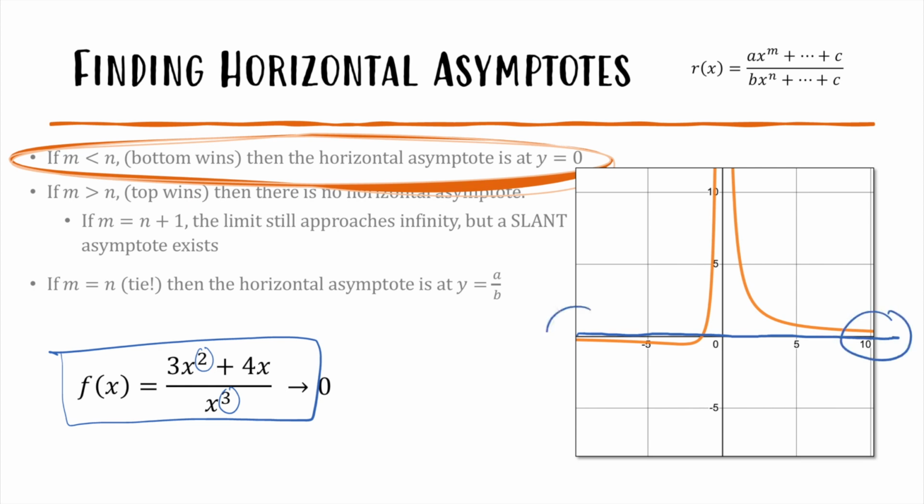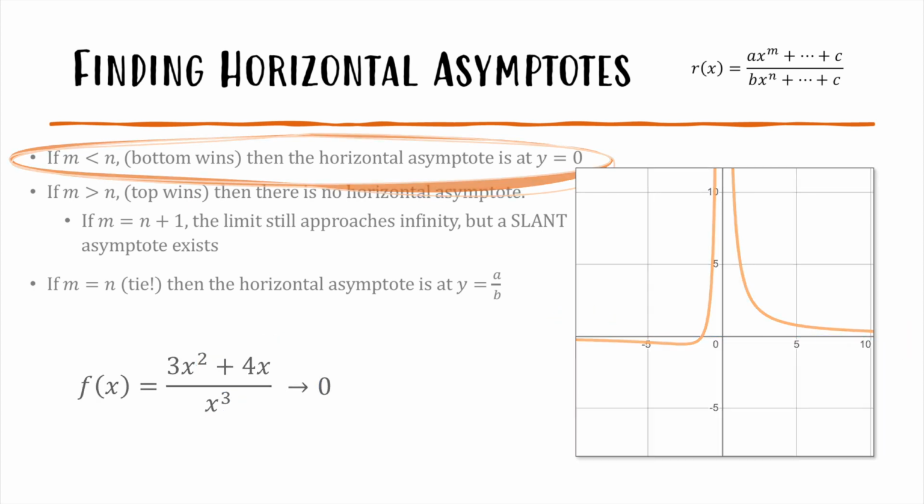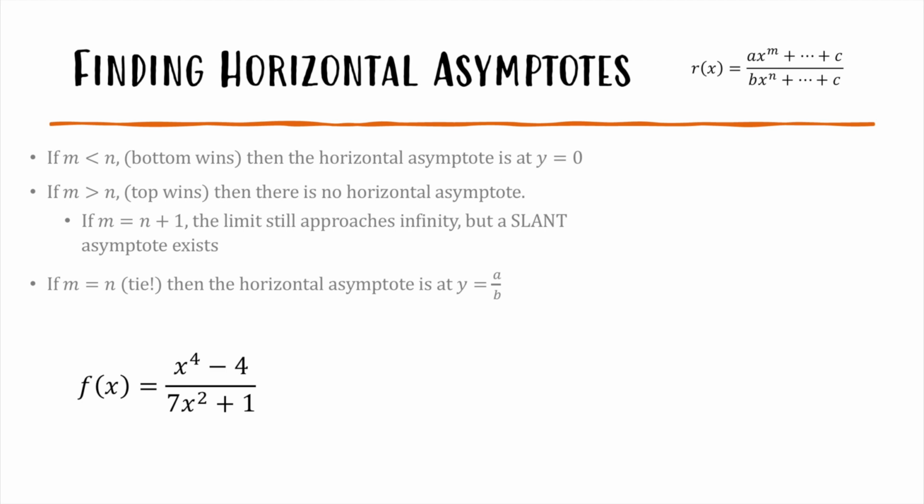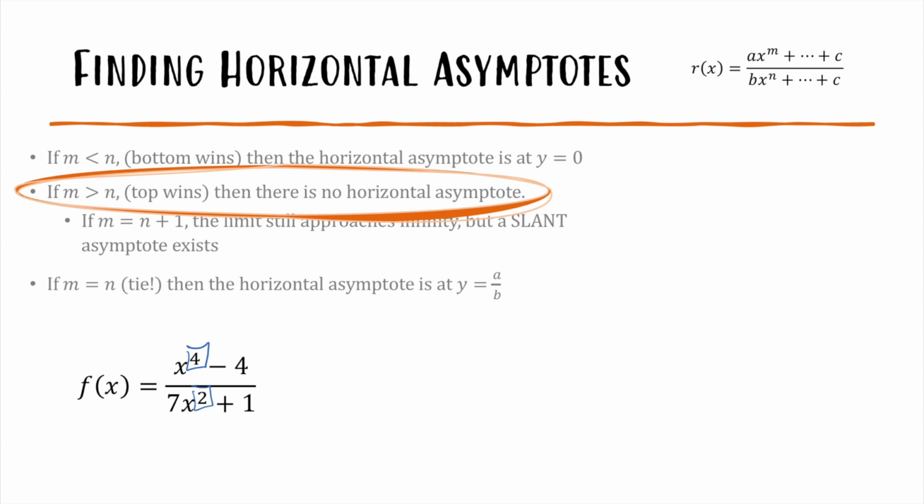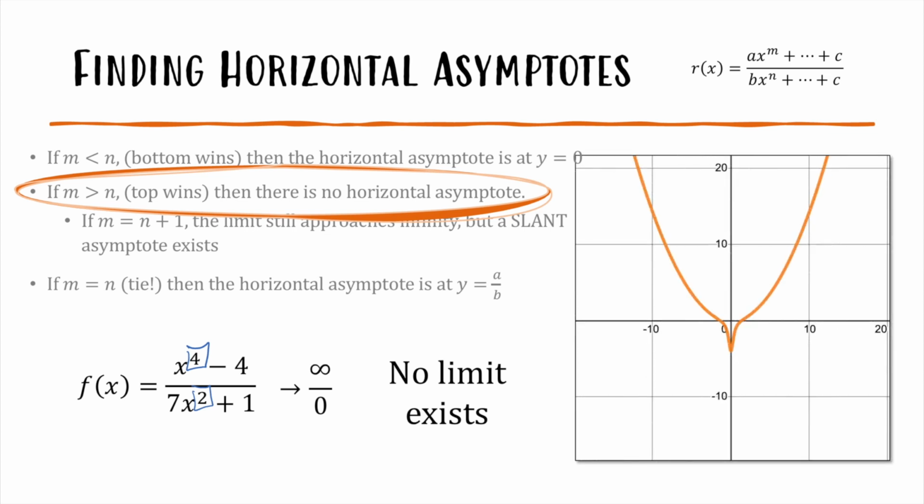And again, we're looking at that end behavior. This one, we've got 4 is bigger than 2, so the top wins. Therefore, this one is sort of infinity over 0. No limit exists on this one. It's just whoop, off it goes. To infinity, to infinity.